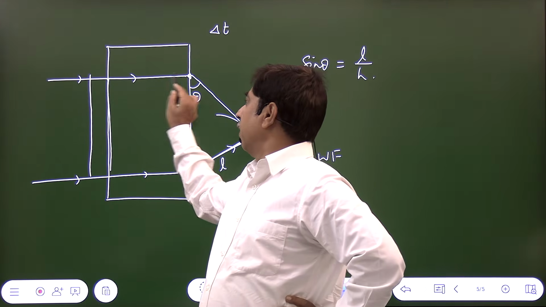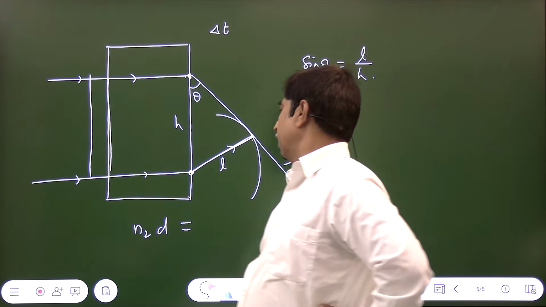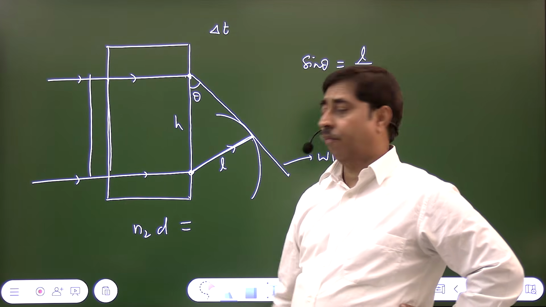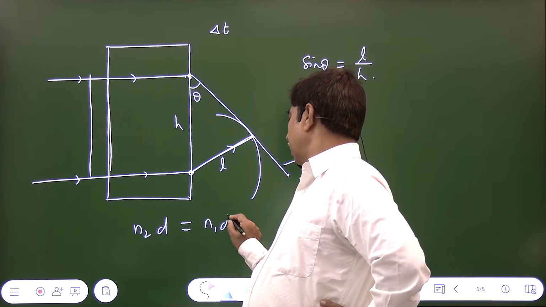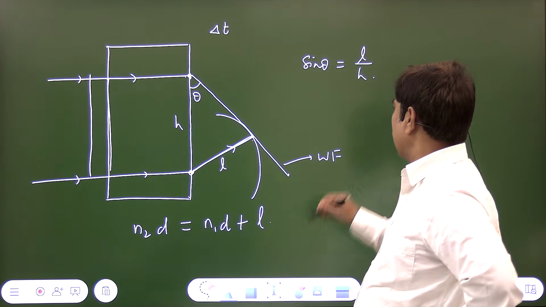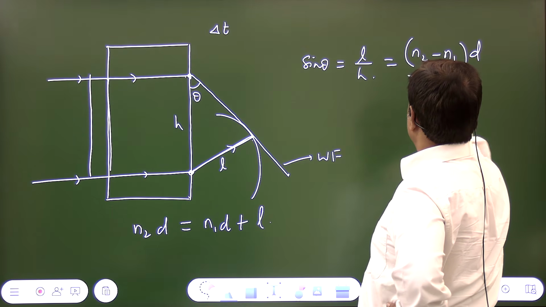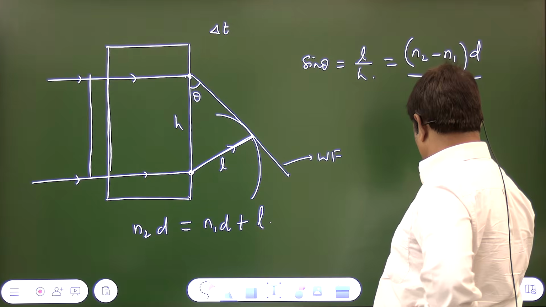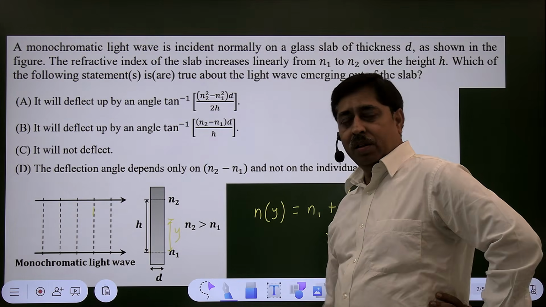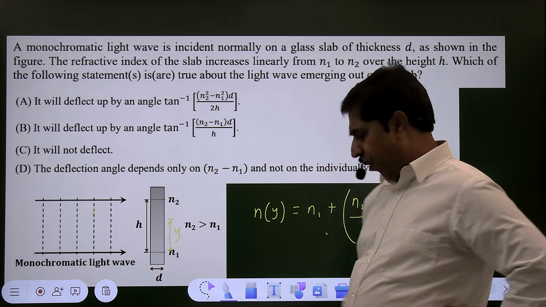This optical path length, N2 into D, is same as this optical path length. This path length is N1D and this is L. So L is nothing but (N2 minus N1)D, so sin theta is (N2 minus N1)D by H. So theta is sine inverse of this, in place of tan inverse of this. If it were sine inverse of this, it would have been more meaningful.